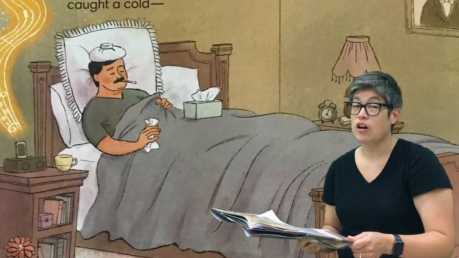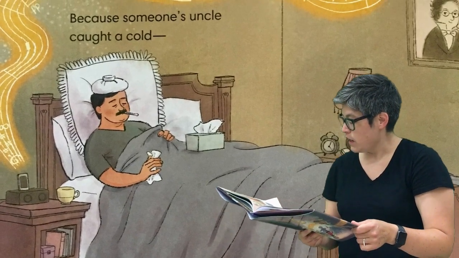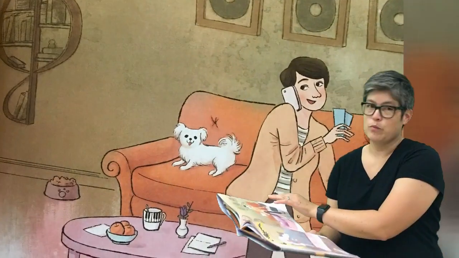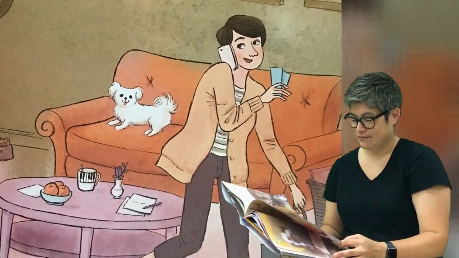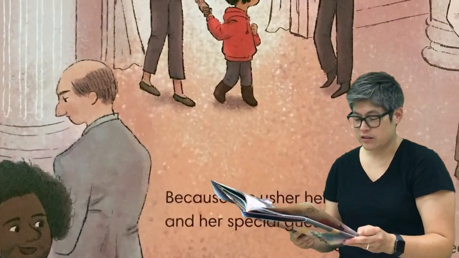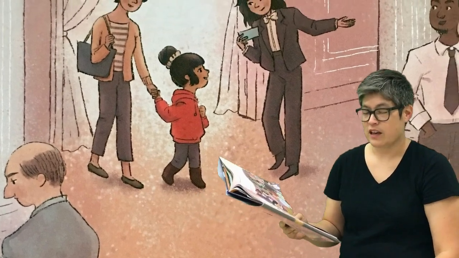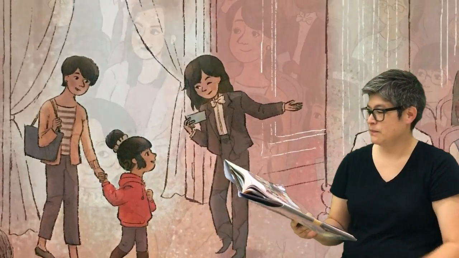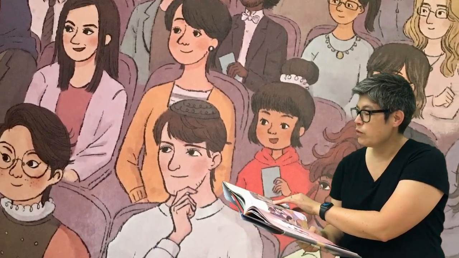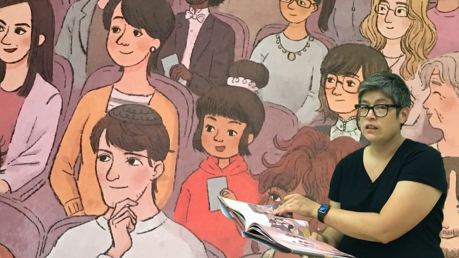Because someone's uncle caught a cold, someone's aunt had an extra ticket for someone special. Because the usher helped the aunt and her special guest, they found their seats. Because everyone was there to hear beautiful music, it was quiet.